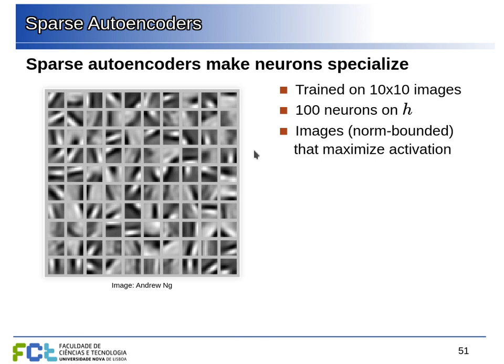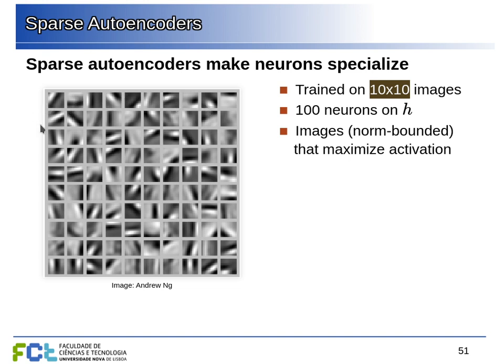So this is an illustration. This is trained on images that are 10 by 10 pixels. And we also have 100 neurons on the hidden layer. So we can represent that also as a 10 by 10 grid here. And here you see the kind of image that maximizes the response of each neuron in the hidden layer.